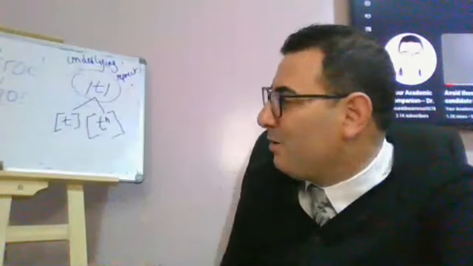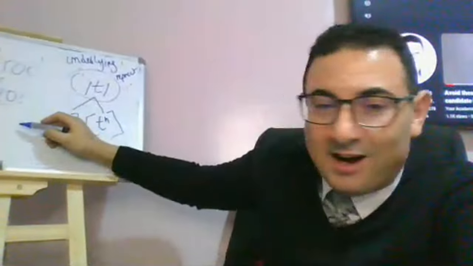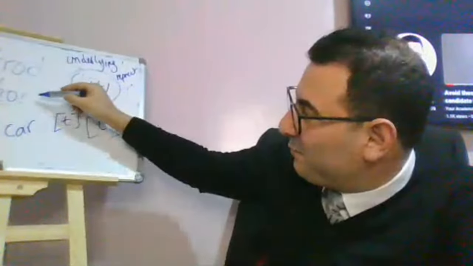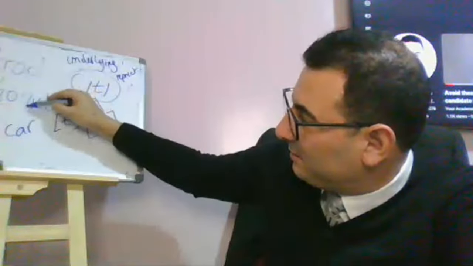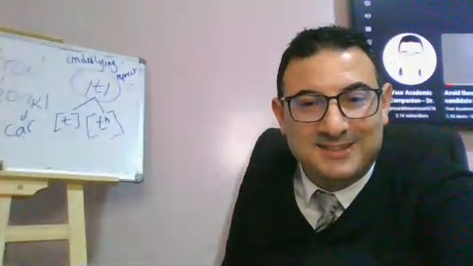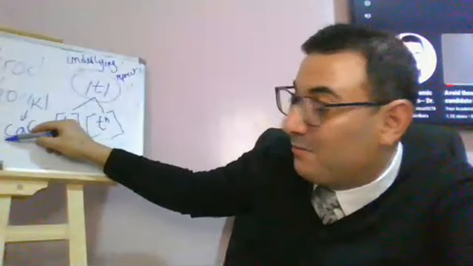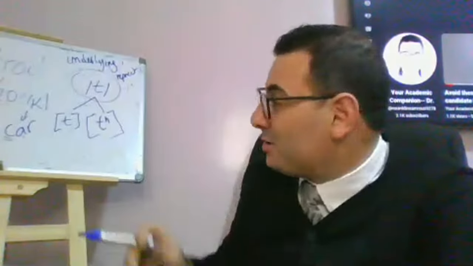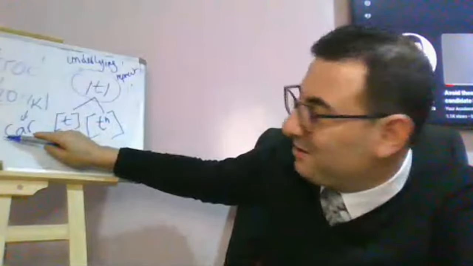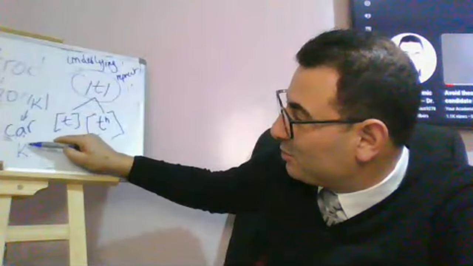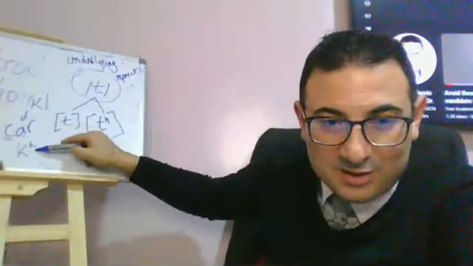How predictable? For example, if I give you a word like car, and I say that the phoneme is k, now here, is it car or car? Because k here is a voiceless alveolar stop, and because it occurs syllable initially before a strong vowel, this one should come as an aspirated version.